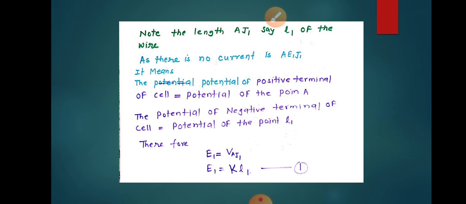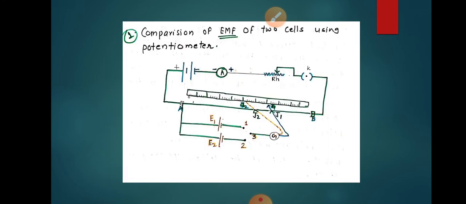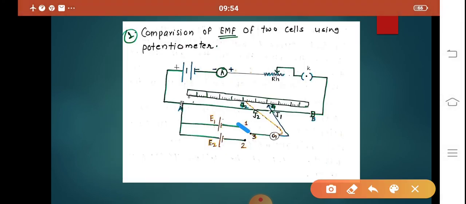Now repeat by joining 2 and 3. When 1 and 3 was connected, the jockey was touched here, the galvanometer showed zero deflection, and we got one length. Similarly, now joining 2 and 3, we get another balancing length, that is L2.